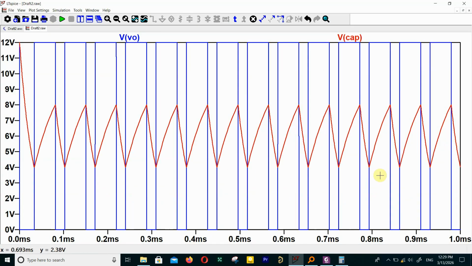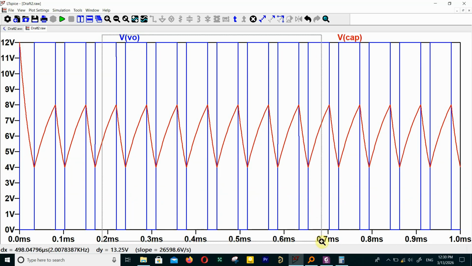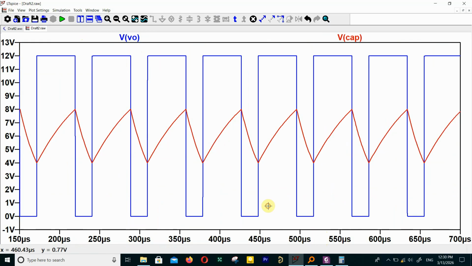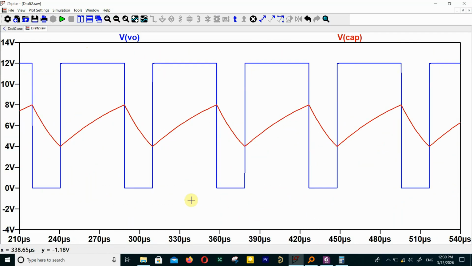So here it is. This is our output voltage and VCAP voltage. Why VCAP in red? Because the VCAP shows us when to change the output. Here our VCC is 12 volts, so 1/3 VCC is 4 volts, and 2 times VCC divided by 3 is 8 volts.